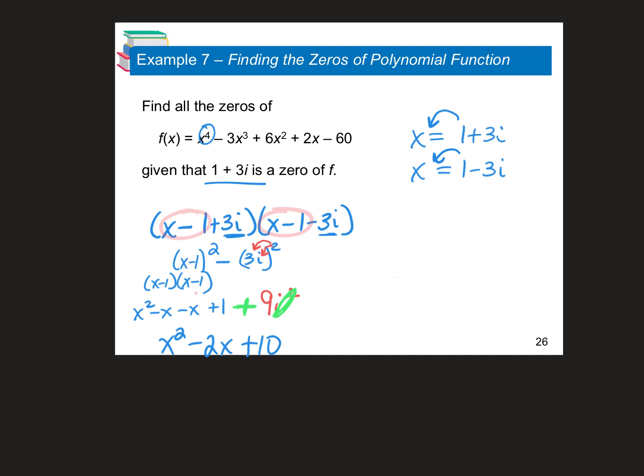Now what you're going to do, because we're trying to find the remaining zeros, you're going to use long division. You're going to take your original polynomial, x to the fourth minus 3x cubed and so on, and you're going to divide it by x squared minus 2x plus 10. You're going to take the imaginaries, combine them, multiply them together, to then divide your original polynomial by that to find the real ones.